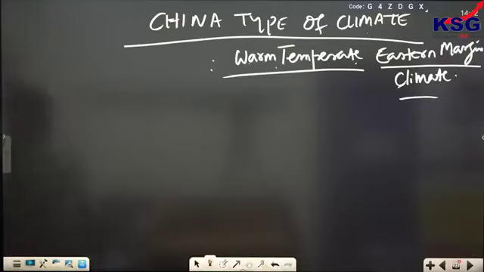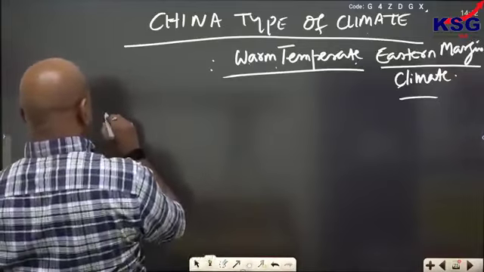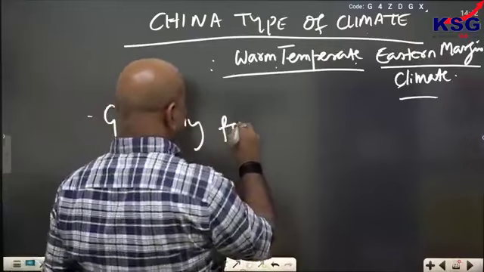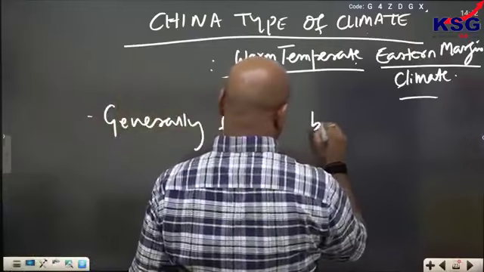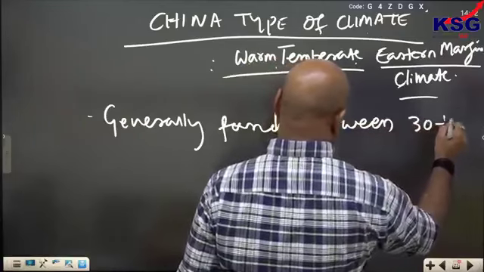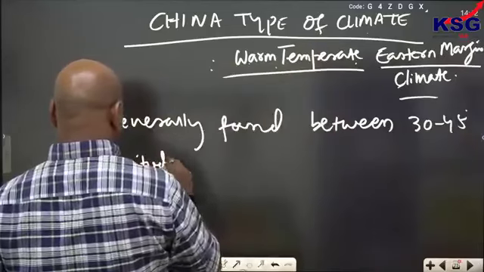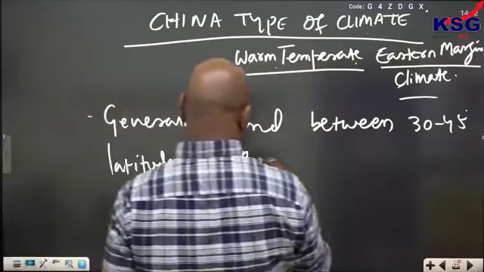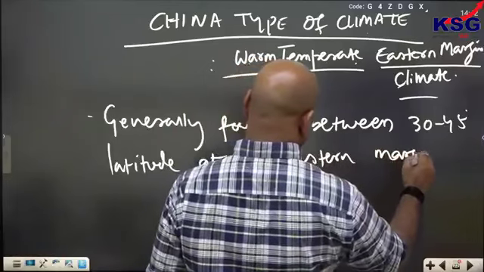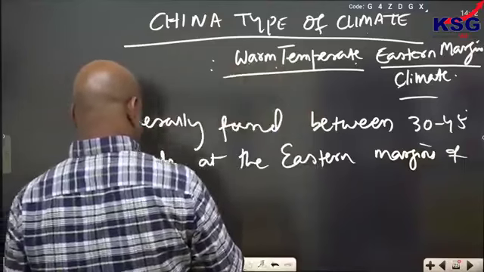This climate is found at the eastern margin between 30 to 45 degree latitude at the eastern margins of the continents.